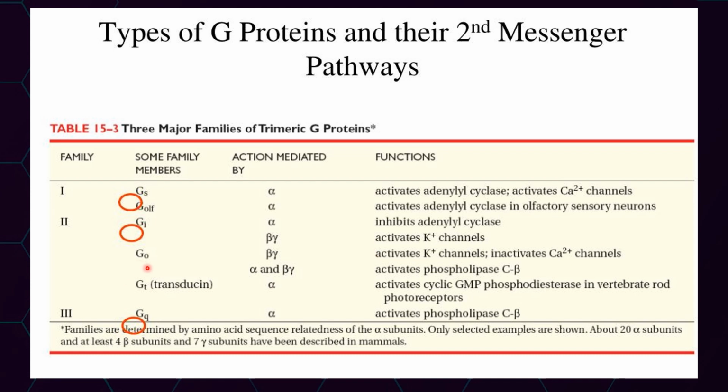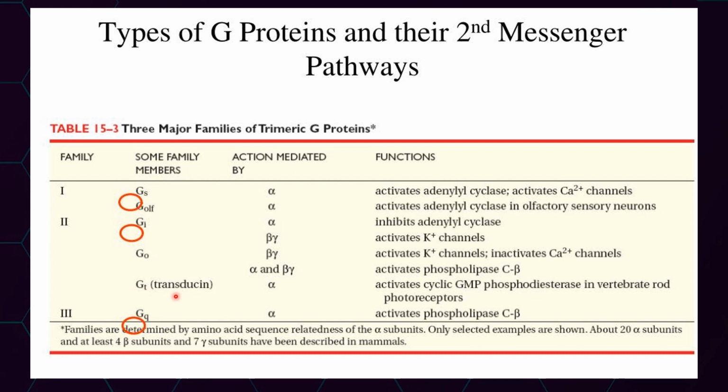And coming to Go, here the beta gamma subunit activates potassium channels, inactivates calcium channels, and alpha and beta gamma subunits together activate phospholipase C beta. Then we have Gt, which is for transducin.